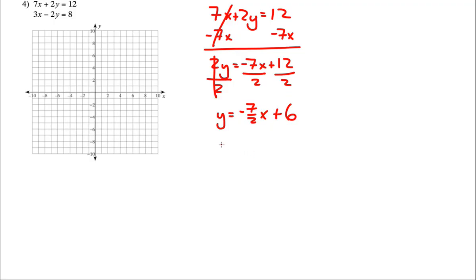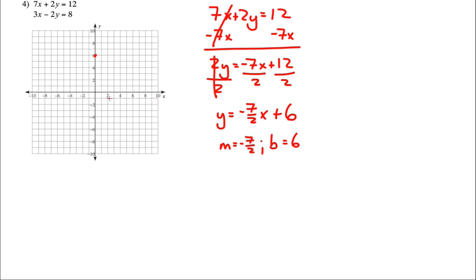So I know that my slope m is going to be negative 7 halves, and my b is going to be equal to 6. So I begin with my 6, I go to my y-intercept and go to 6 from right here, and then from here I'm going to go down 7 and over 2.